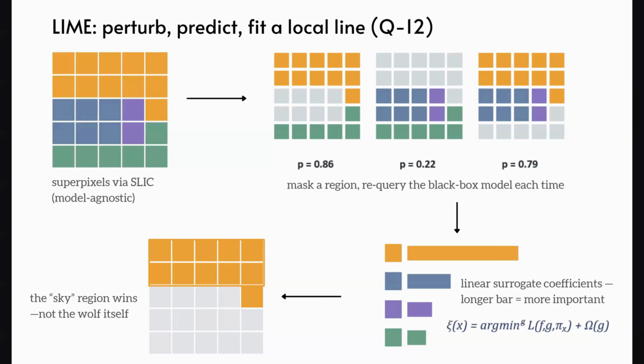It's linear and not a whole complicated model, so that it's easily explainable, and hence it figures out which part of the image is actually contributing towards the final output.